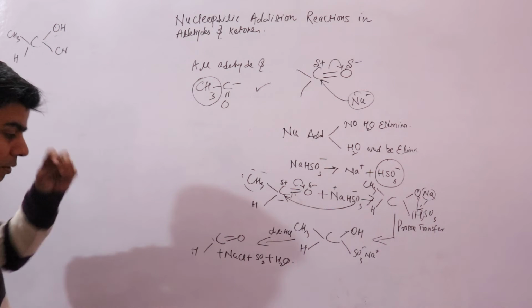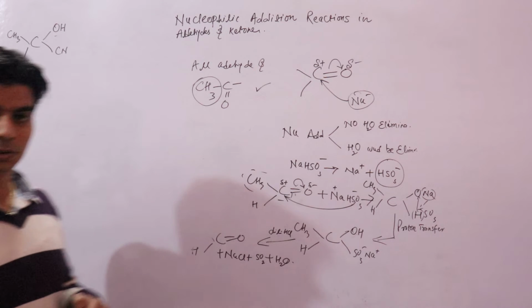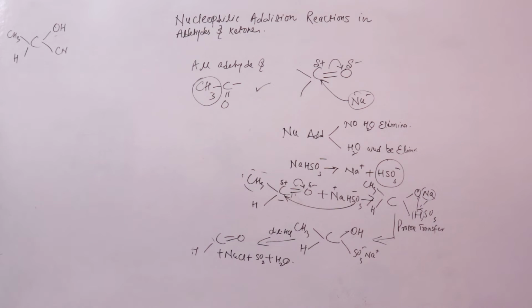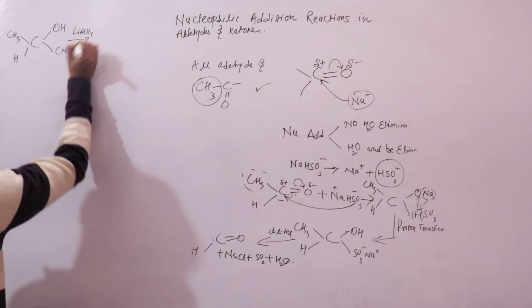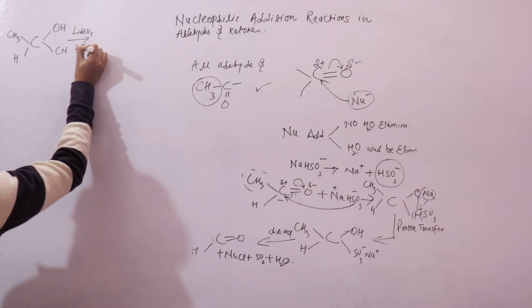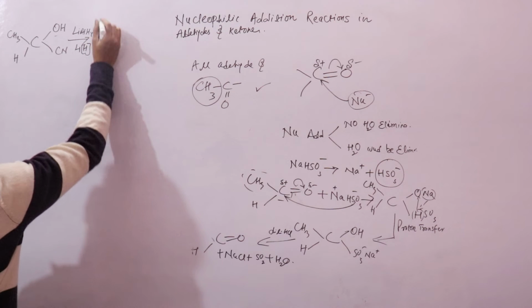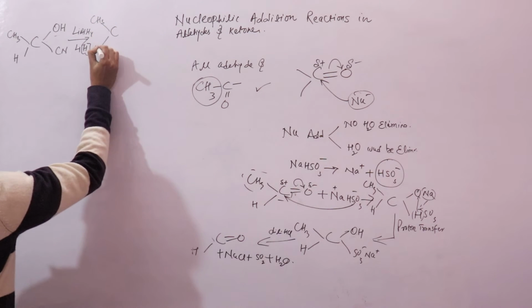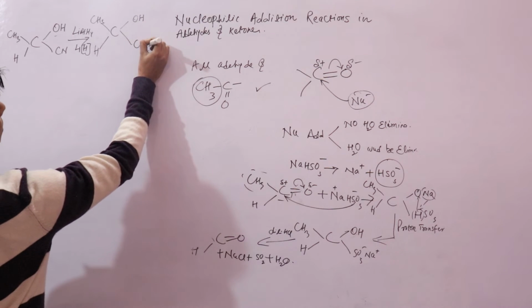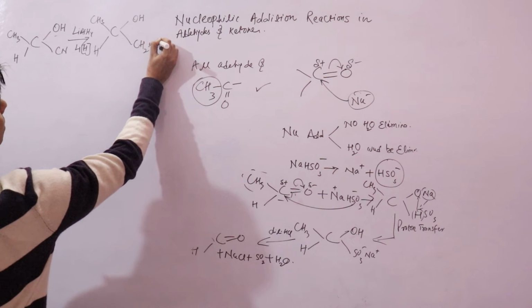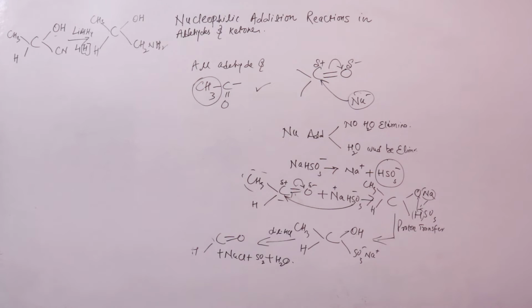Now we'll look at the formation of beta amino alcohols. Beta amino alcohols from cyanohydrins can be formed by reducing them with lithium aluminium hydride. This is your beta amino alcohols.